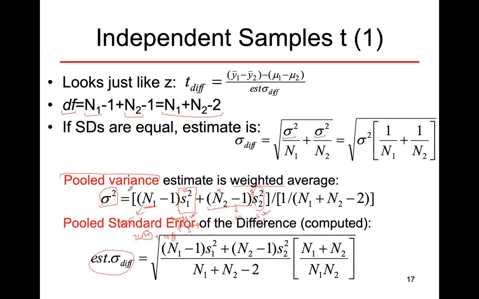I take this pooled variance here and take the square root. Actually, this is the same as that. It continues with 1 over and so on. So that's why we find this pooled standard error, and we will use it.